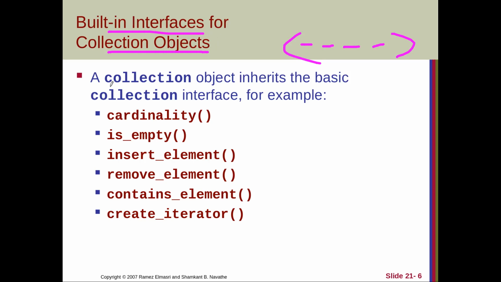Normally all the collection objects inherit the basic interface called collection. There is an interface called collection available within the object-oriented database system, and the class must inherit that collection interface in our program, like how we implement an interface in our class in Java.